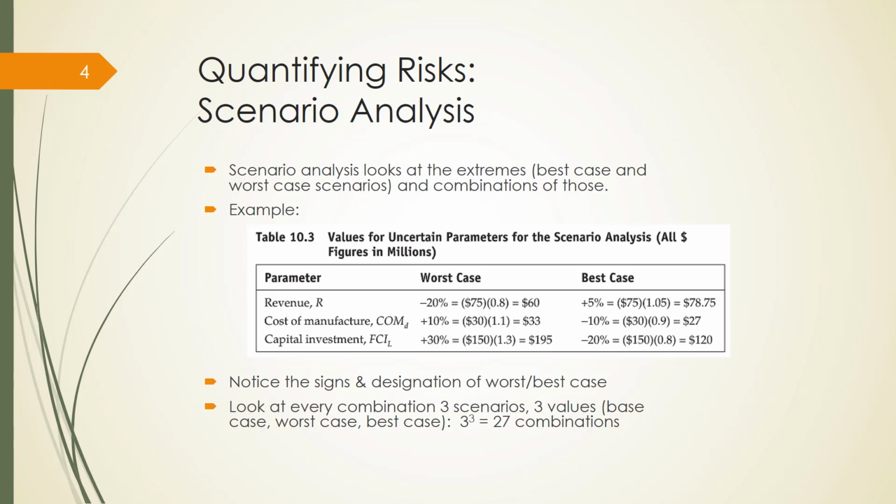So you can look at just three simple cases: the worst combination, the best combination, and the design or base case combination. But in reality, with just these three values, revenue, cost of manufacturing, and fixed capital investment, I have three scenarios that have a worst possibility, a best possibility, and the base case. That creates 27 possible combinations.